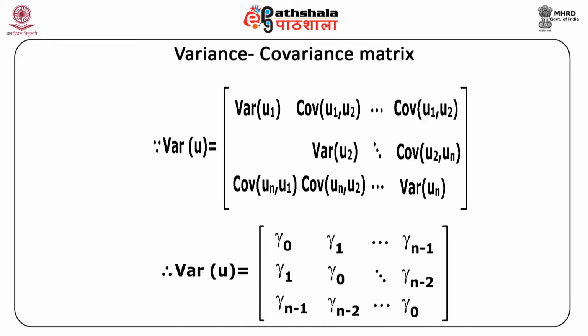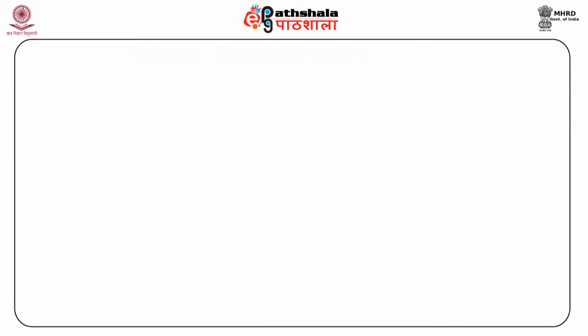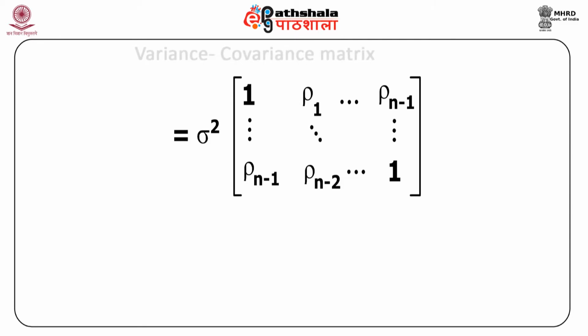Again, in the diagonals we have gamma 0, and in the off-diagonal elements we have gamma 1 to gamma n minus 1. The variance of U is therefore equal to sigma square into the matrix whose first row is 1, rho 1 up to rho n minus 1, and the last row is rho n minus 1, rho n minus 2 up to 1.